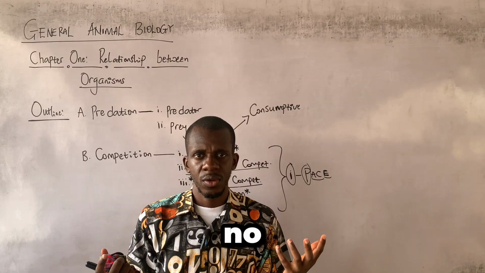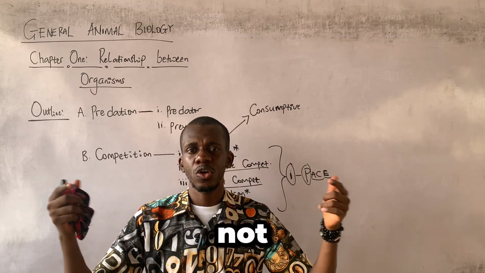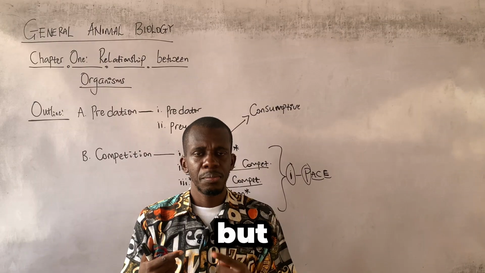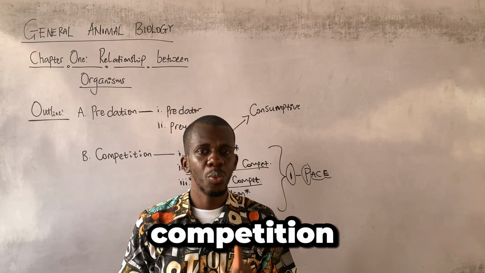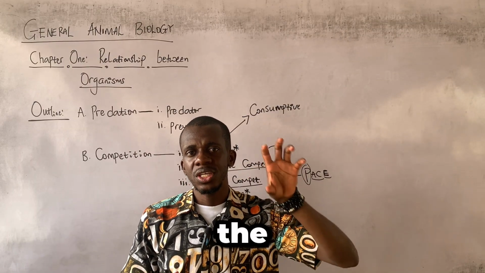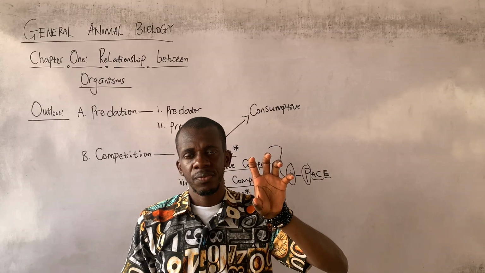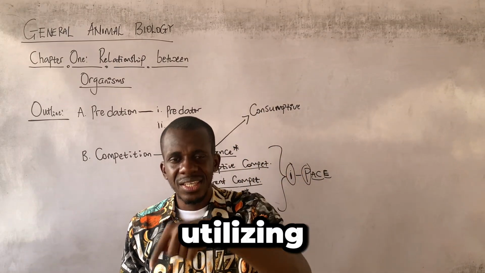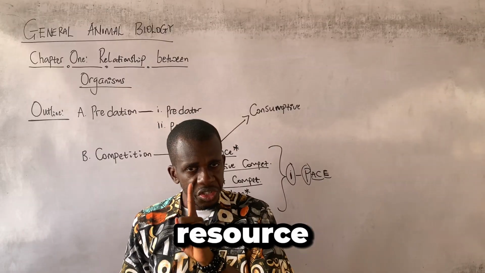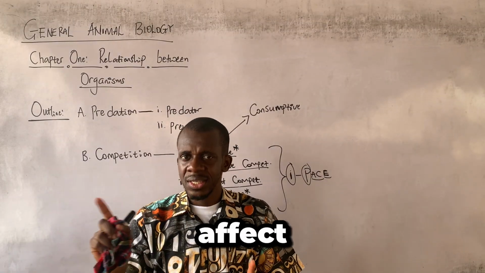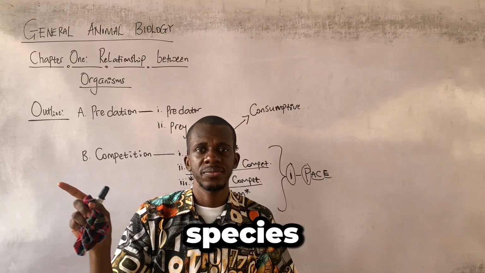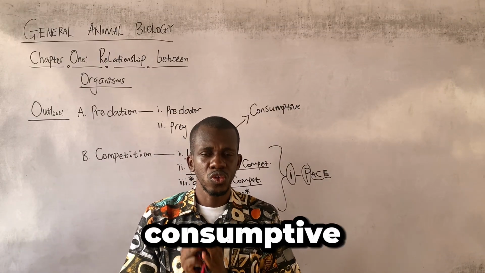But what happens is that the action of one of those species in utilizing that common resource is going to affect the availability of that resource for the other species. So it is called consumptive.